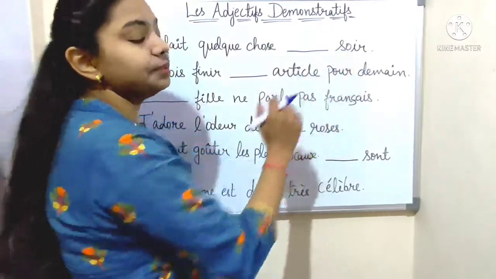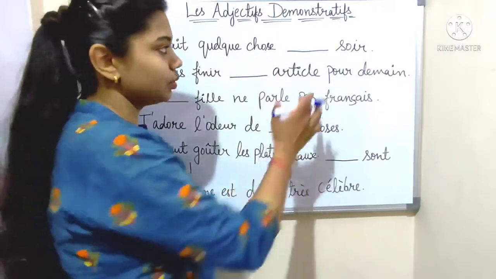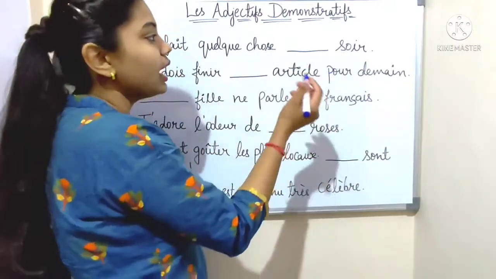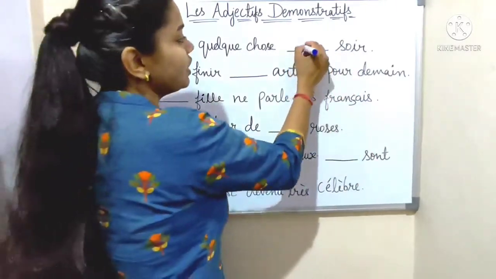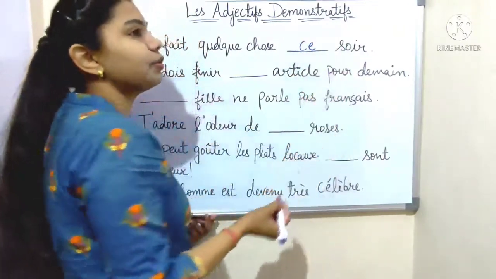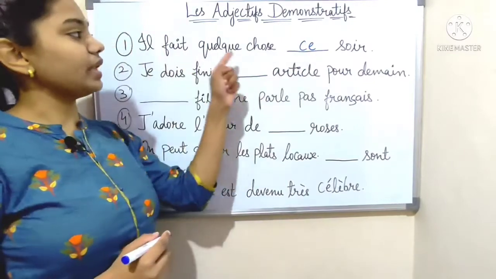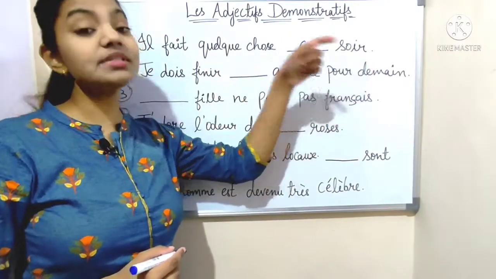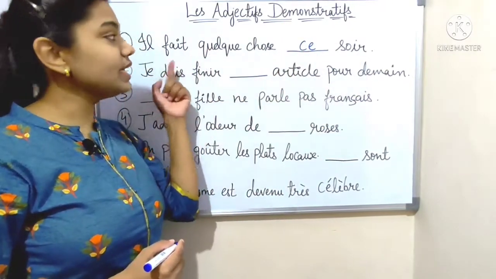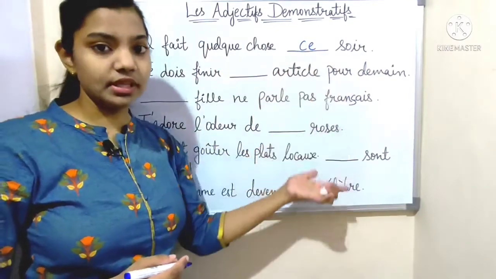Quelque chose means something, and soir means evening. Soir is masculine as well as singular, so that's why we use ce, because for masculine singular we use ce. Il fait quelque chose ce soir, which means he is doing something this evening.